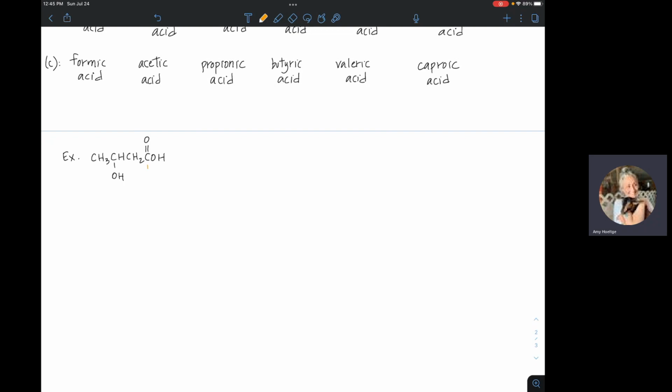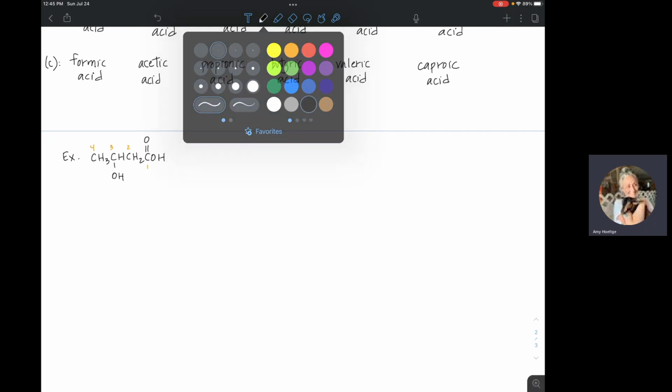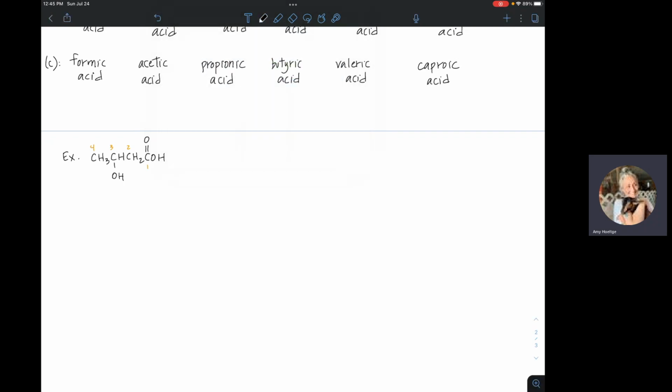The second carbon over will be carbon number 2, and I'll number them up here, 3 and 4. So this is some form of butane, but we're going to drop the E from the alkane and add oic acid. For IUPAC nomenclature, we have to tell somebody that we have a hydroxyl group. That's our substituent. The star of the show is the carboxylic acid.